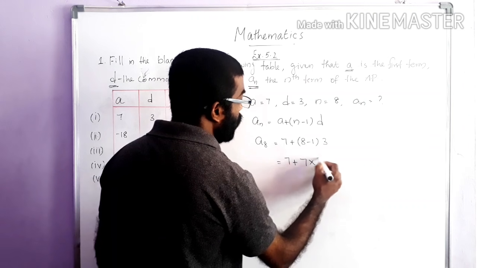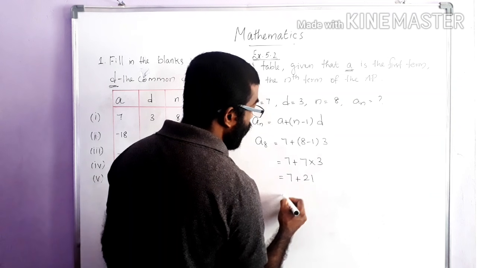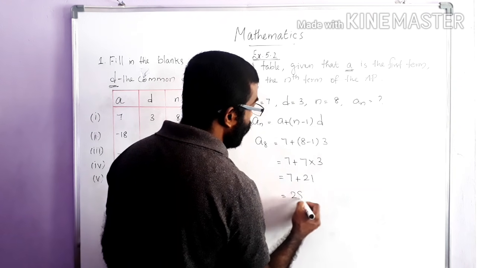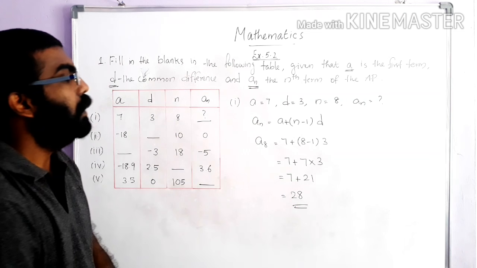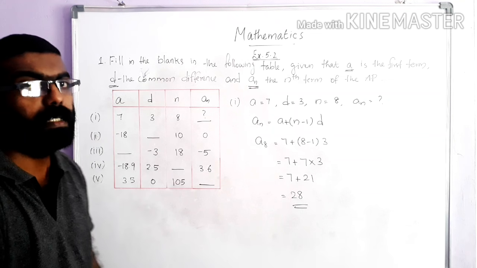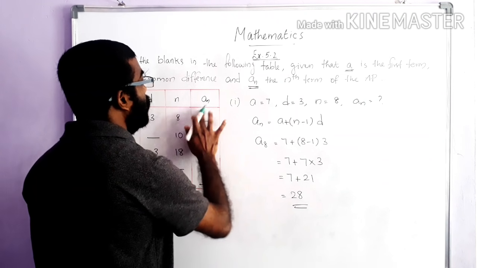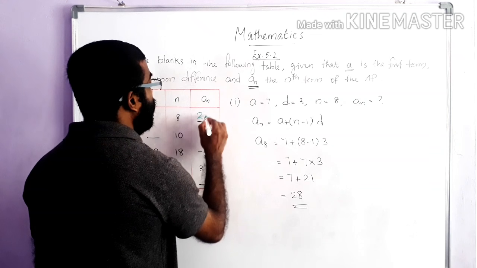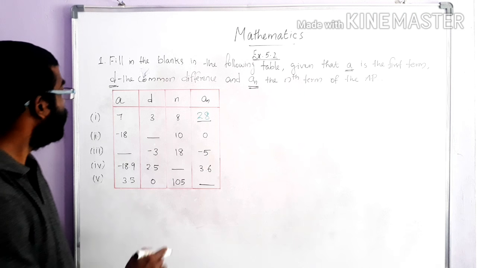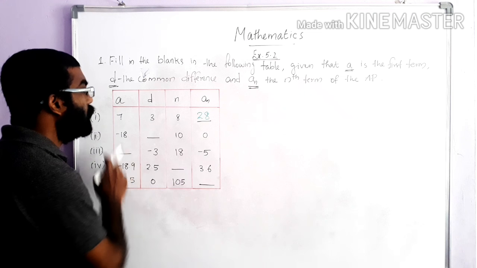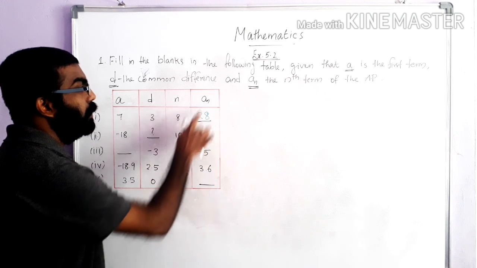So 7 into 3, that is 7 plus 7 3s are 21, and 21 plus 7 is what? 28. So the value of AN is what? 28. So here we can write 28.